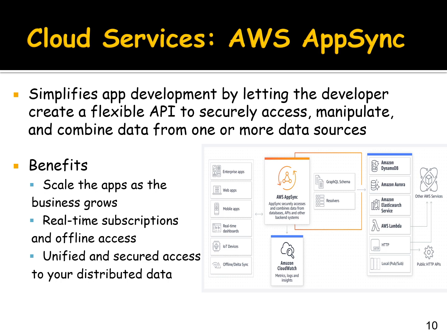AWS AppSync uses GraphQL to make it easy for applications to get the data they need. AWS Lambda also uses GraphQL, which is why AppSync can work with various data sources like NoSQL data sources, relational databases, HTTP APIs, and even custom data sources like AWS Lambda. It has some benefits which I'll discuss.